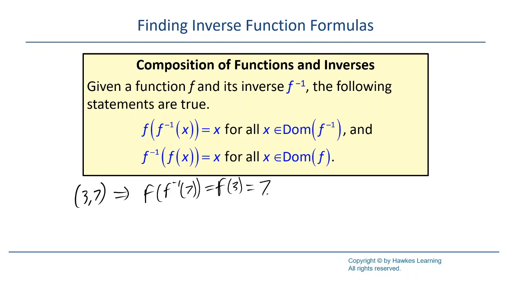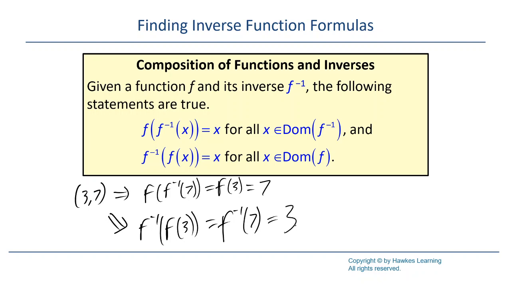But then 3 is going to map right back to 7. Then do it for the opposite direction. f inverse of f of 3, make sure to nest your parentheses appropriately. f of 3 maps to 7, so f inverse of 7. But 7 maps right back to 3.